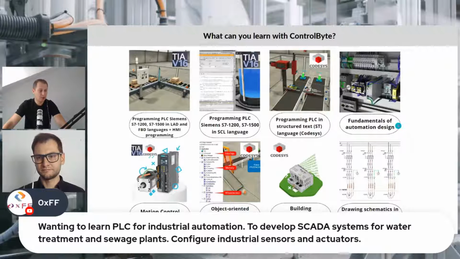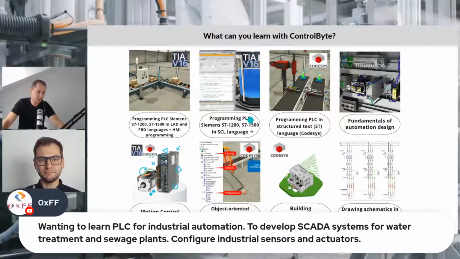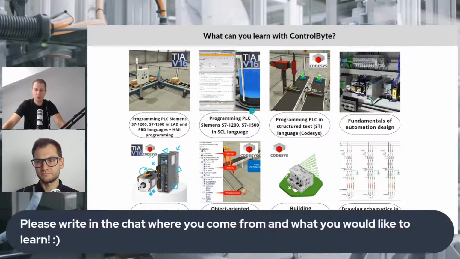What can you learn with ControlByte? We have a lot of programming courses. Now we have translated programming courses for TIA Portal in Siemens for S7-1200 and S7-1500, for ladder language and STL language. What's more, we teach how to program in the CODESYS programming environment.